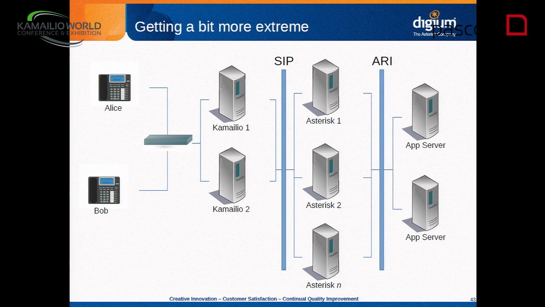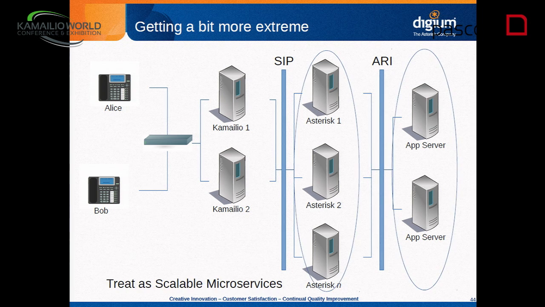And the reason why this is nice, other than simply that we can scale out Asterisk a bit more, is that you can treat both of these things as scalable microservices. Because if you haven't heard that term enough today, then I'm going to hammer it as well. When you pull the application logic out, you can find out what your actual bottlenecks are and scale them appropriately.